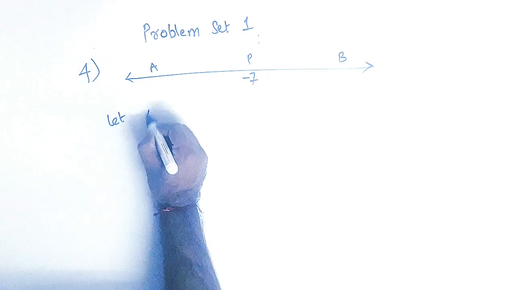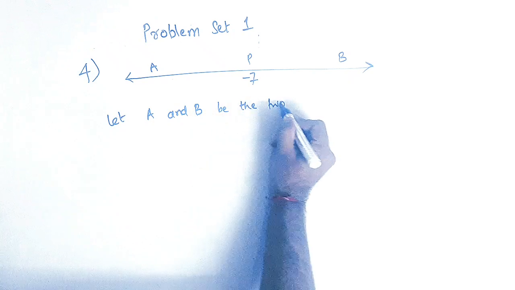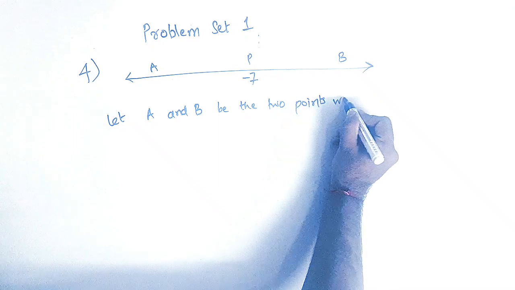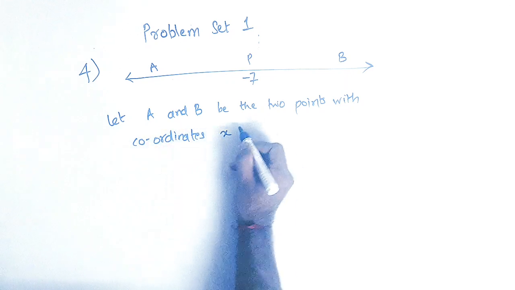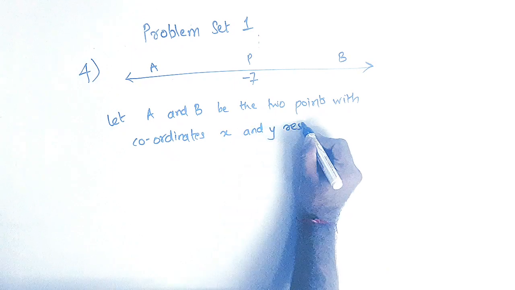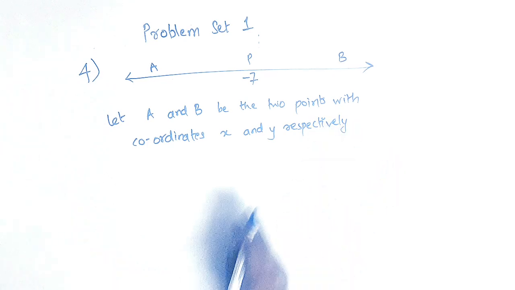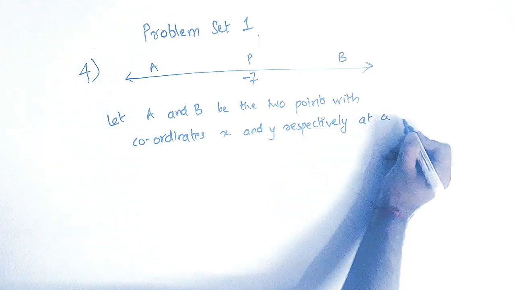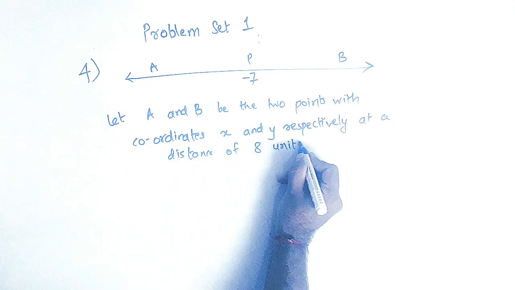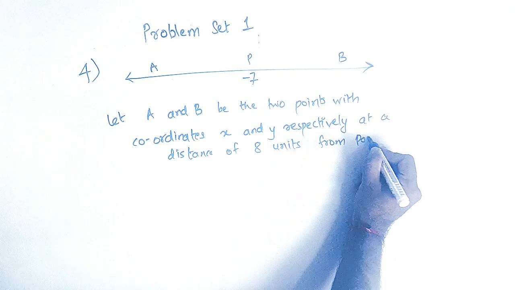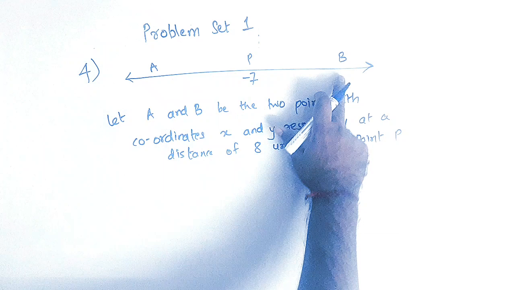So let A and B be the 2 points with coordinates x and y respectively at a distance of 8 units from point P. Okay, so this I have taken as x and this as y.